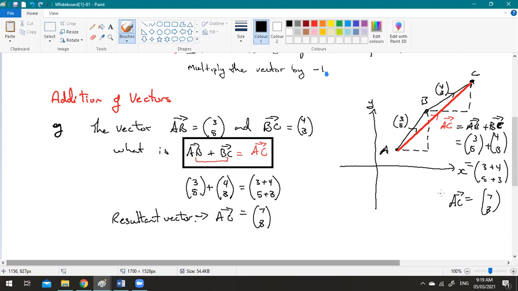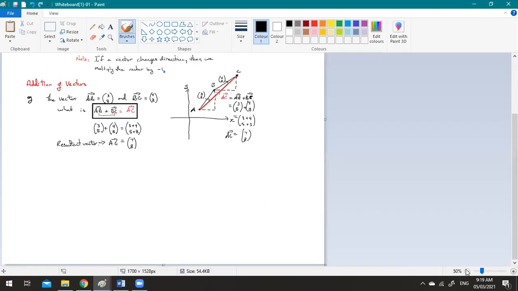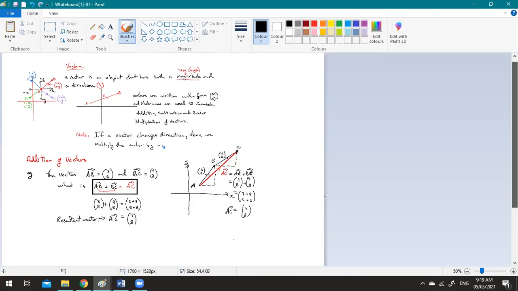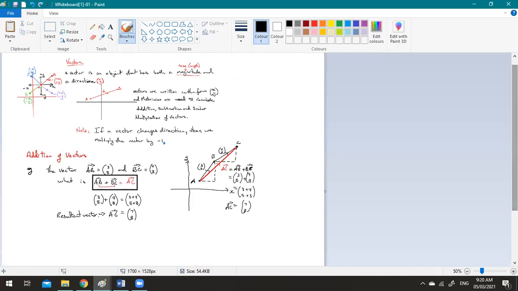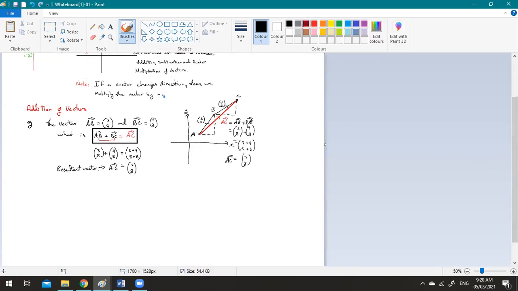So vectors are very simple as long as you can see it in graph space. That's the easiest way to put it. Now, from the note, if a vector changes direction, we multiply the vector by -1. So that's like scaling a vector.